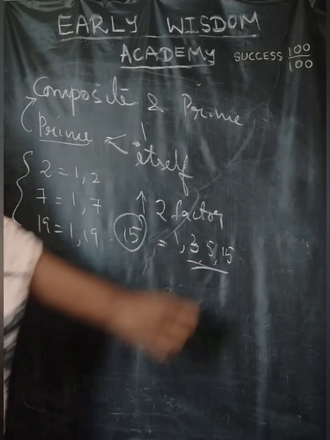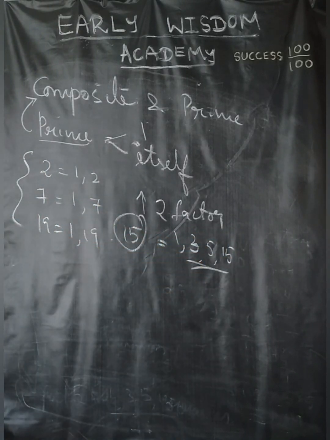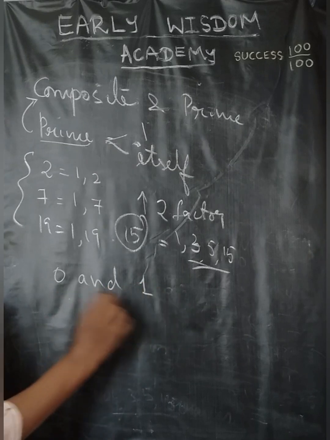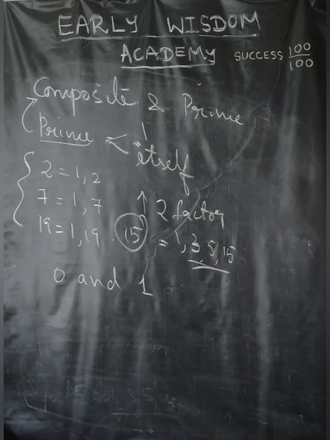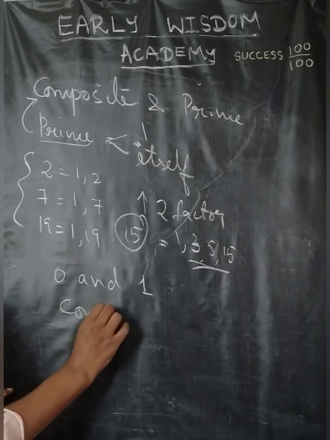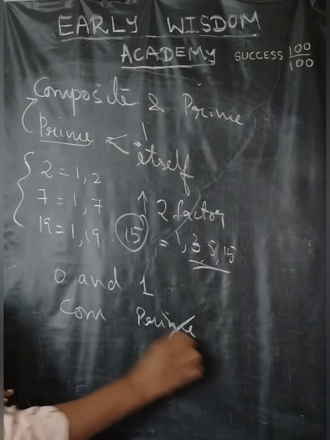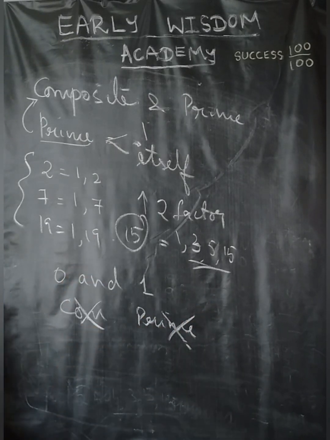More than 2 factors, therefore it is a composite number. Then what about 0 and 1? Even these are numbers, right? 0 and 1 are neither composite nor prime numbers.